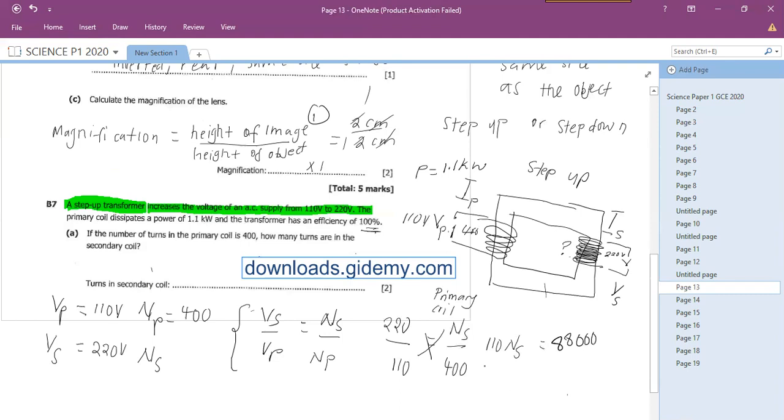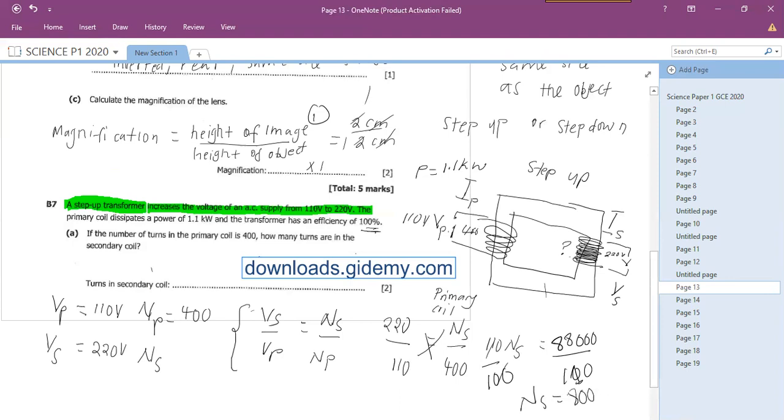Then you divide both sides by 110 over 110. That cancels your number of turns in the secondary coil. So we divide 88,000 by 110. You're going to get 800 turns.